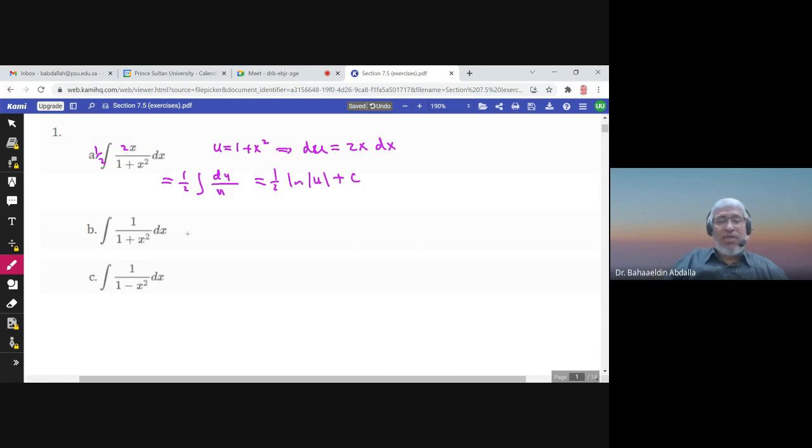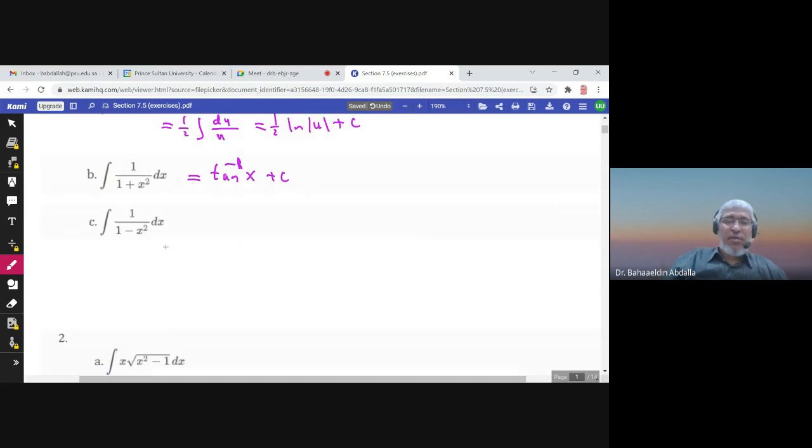The second integral is just tan inverse x plus c. That's just a formula. The integral of 1 over 1 plus x squared is tan inverse x. While in part C, we have a rational function. So we can write it as the integral of a over 1 minus x plus b over 1 plus x dx.